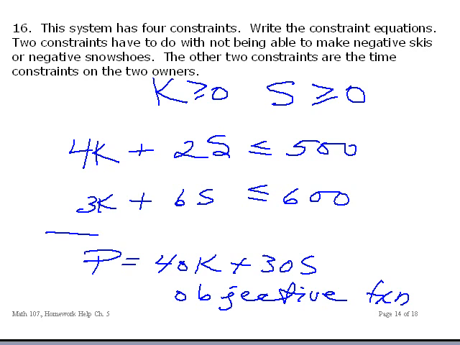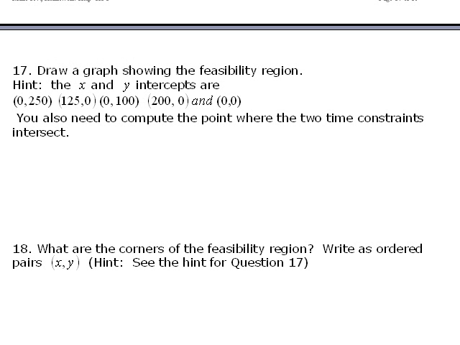And now we have to graph these to determine the feasibility region. The first constraints say that s and k have to be greater than or equal to 0, so that means we only have to work in the first quadrant. So you put your s here, your k up here, and now you look at each constraint and you find its s and k intercepts.